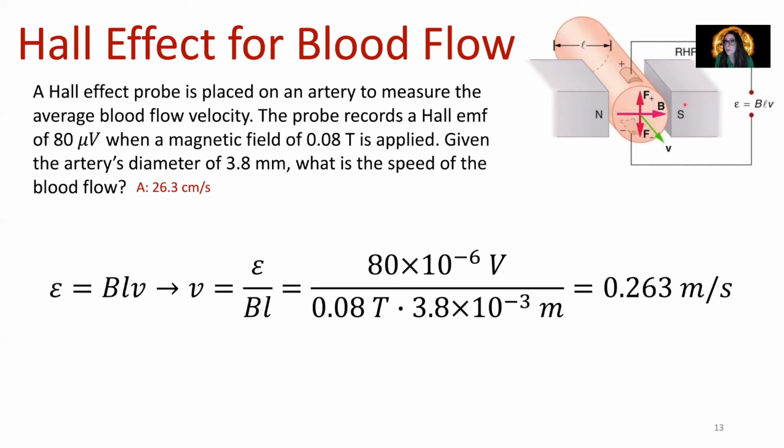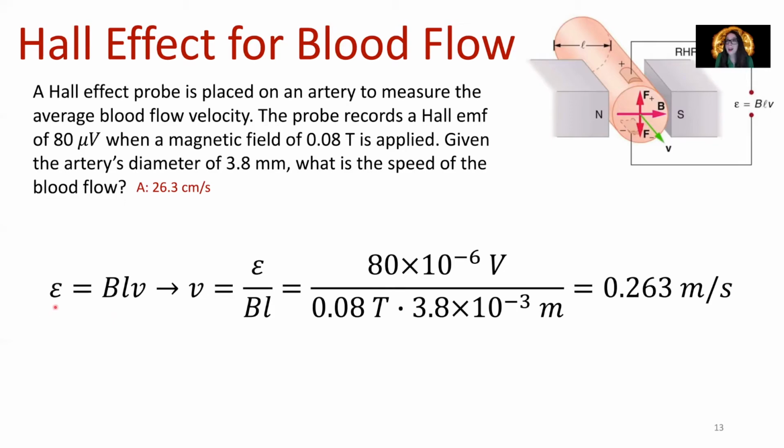And we're able to measure a Hall EMF, a potential, across the artery. So we can find the speed of the blood flow, the speed of those charge carriers, which is essentially the blood, through the artery by using our equation for the Hall EMF.